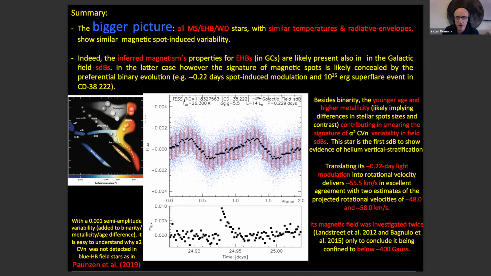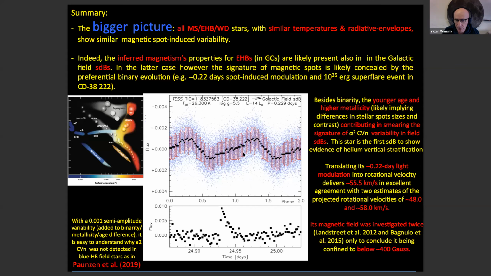presenting an sdB star with TESS monitoring showing a 0.2 periodic modulation, which perfectly converts to a v sin i value that is in agreement with the literature. Most important thing about this star is that its magnetic field was studied by two groups, by Landstreet, who is also a speaker, and Bagnulo et al., both confirming and setting an upper limit of 400 Gauss for this star.